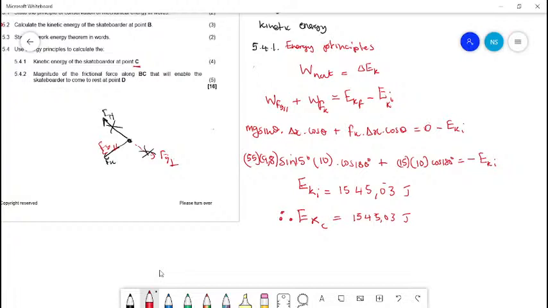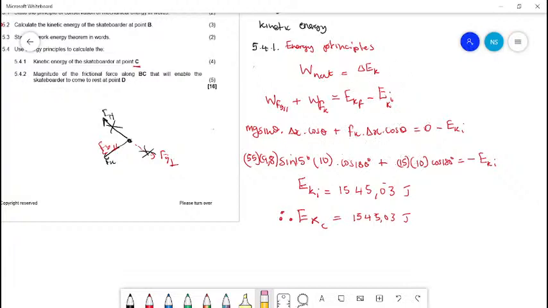So remember, with all the calculations that we have done so far, we've been working with that condition that the skater will be at rest at point D. So also here you need to work with that assumption that this guy will be at rest at point D because that's the requirement. Still, they said that you need to use energy principles. To use your energy principles, you need to use W net equals change in EK or WNC equals change in EK plus change in EP.